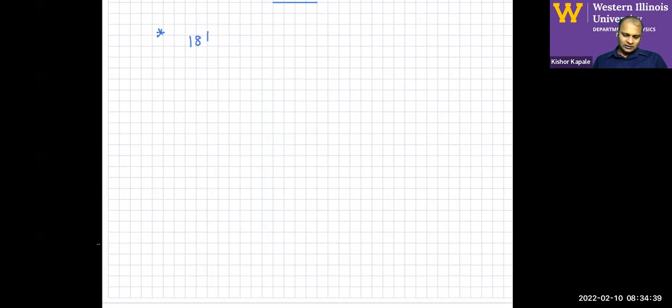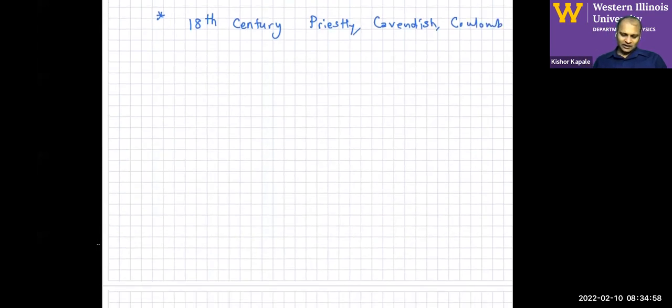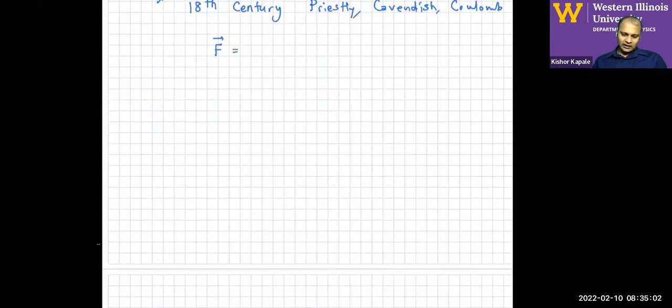So, 18th century experimentalists Priestley, Cavendish, and Coulomb, all in Europe, right? At that time, the main activity in physics was happening in Europe. They figured out the force between two charges. Let's say we have a collection of discrete charges, which are easy to understand to begin with.